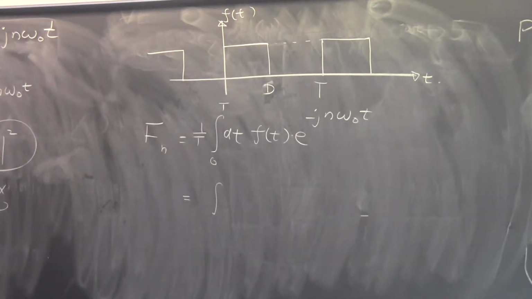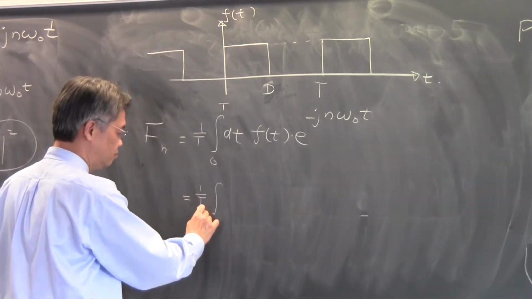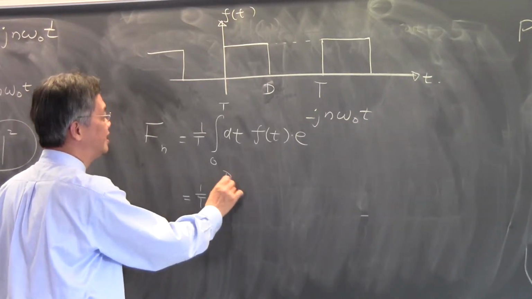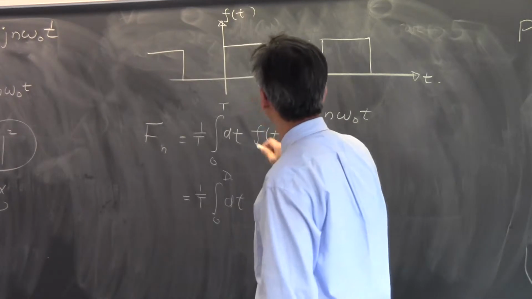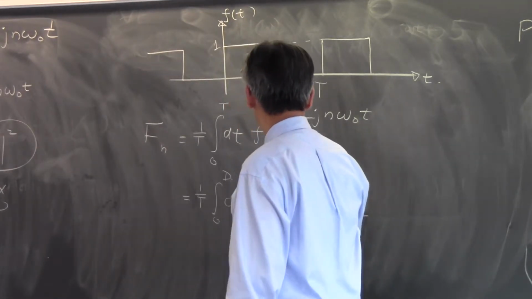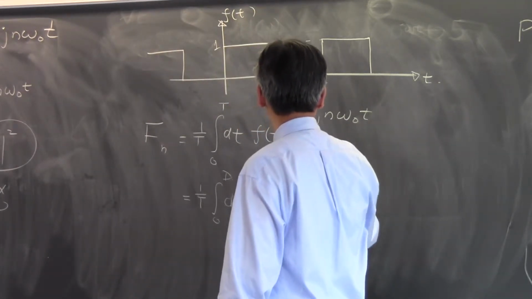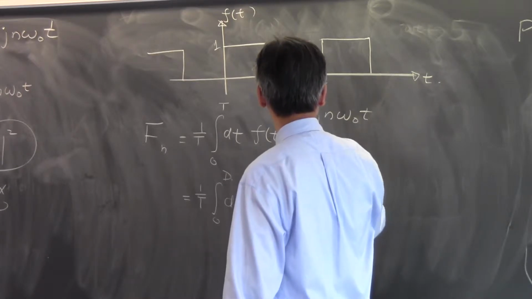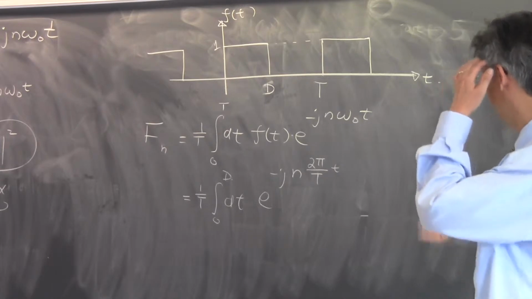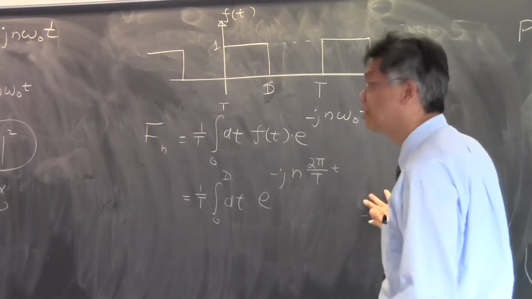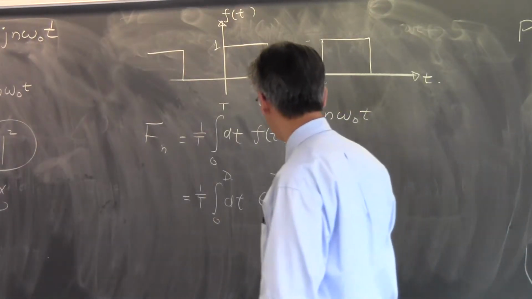I missed that. So then this should be the integral from 0 to D of 1 times e to the minus j n omega naught t, where omega naught is 2 pi over capital T, dt. You just need to integrate that. It's rather simple.